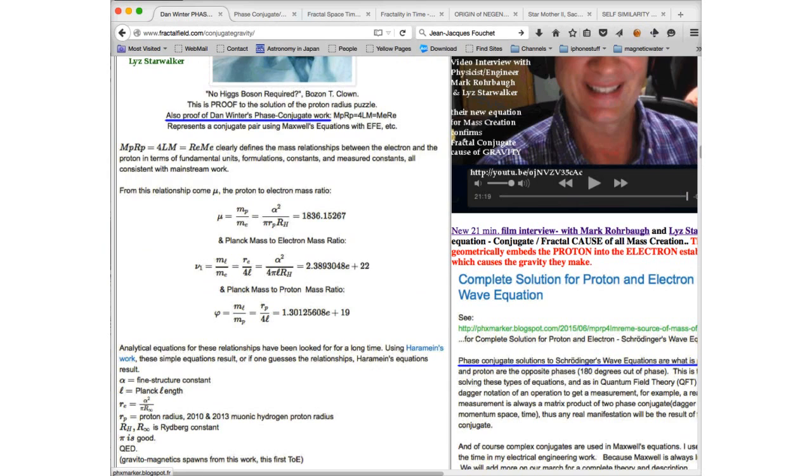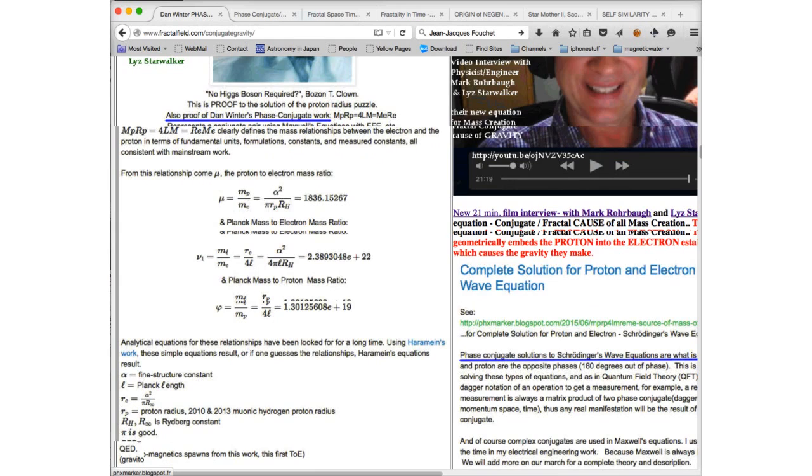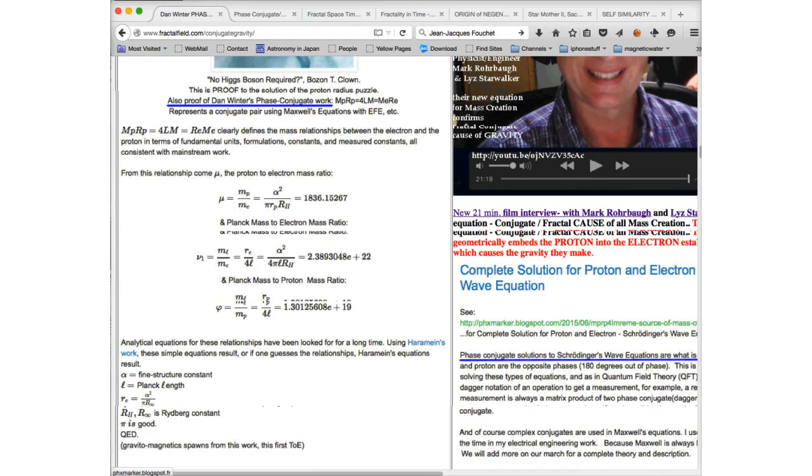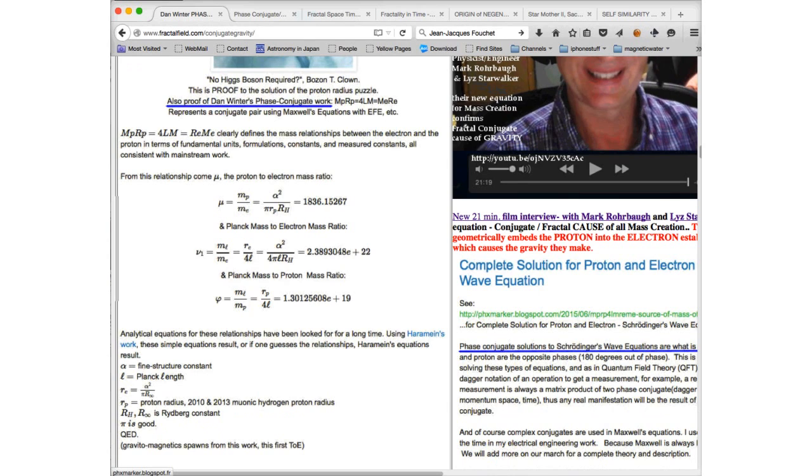If you take Nassim's number for, and this here is R sub p, the proton radius called muonic hydrogen proton radius, R sub p, in this equation, and you can produce, using only that and the fine structure constant here, this new pure geometric ratio, Rydberg's constant and Mark's work, for the ratio of the proton to the electron mass.